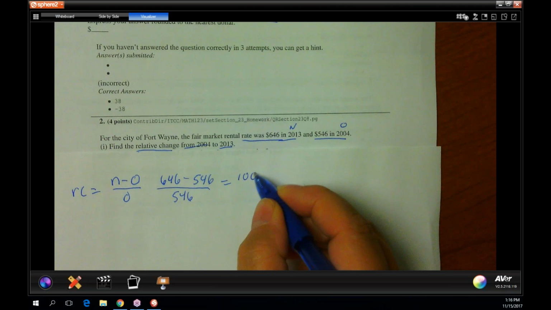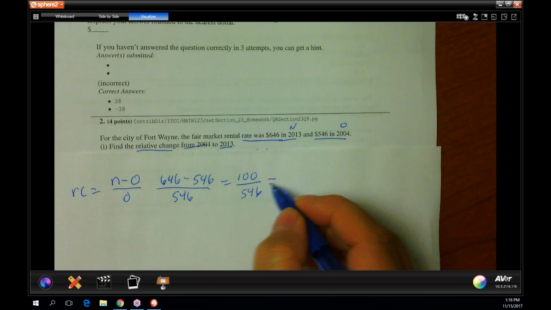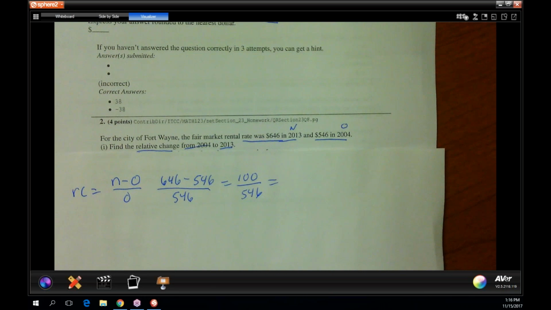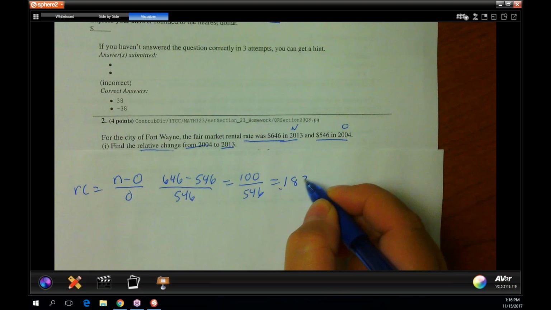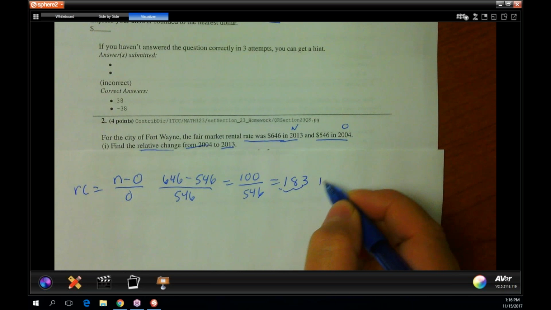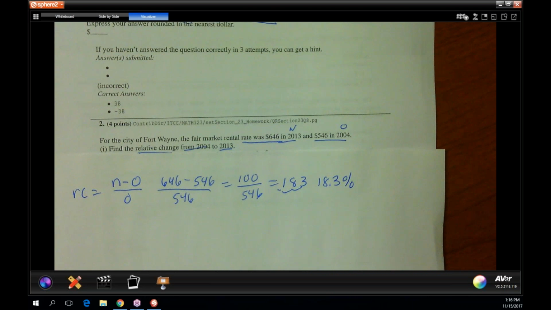This is pretty easy. You just got to take the time to label it because you'll get them turned around if you don't. We get 0.183, but they want it as a percent, so 18.3%.